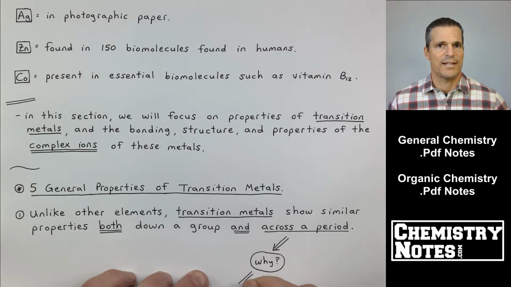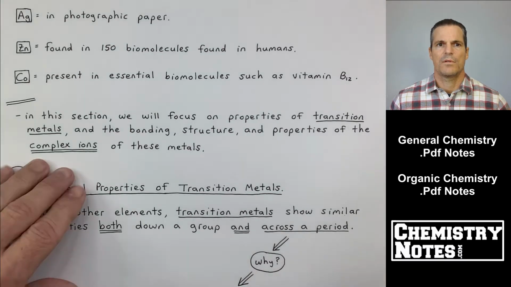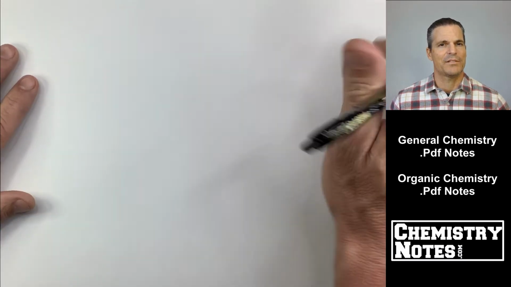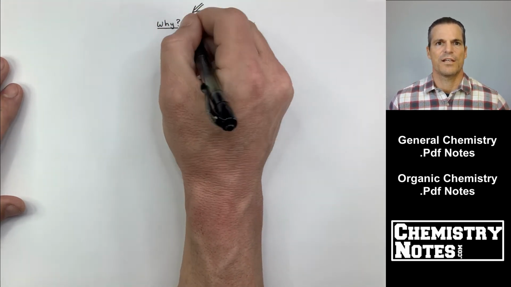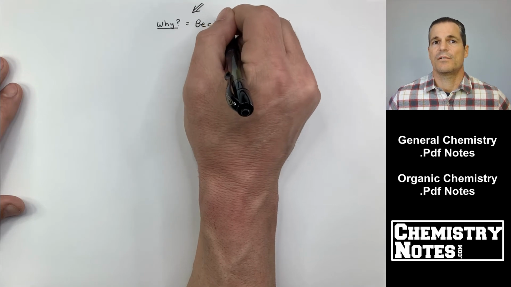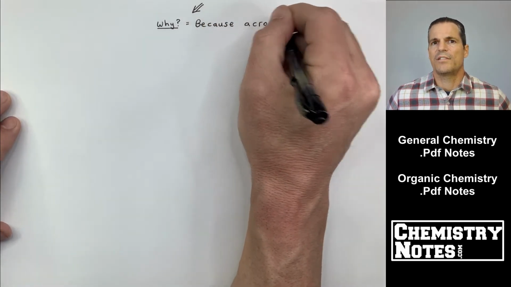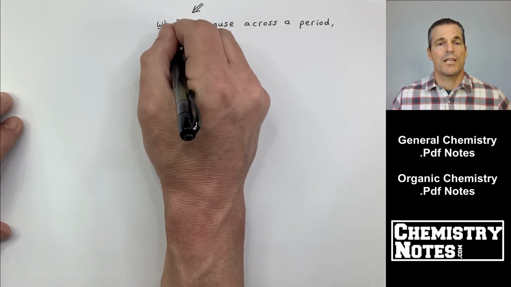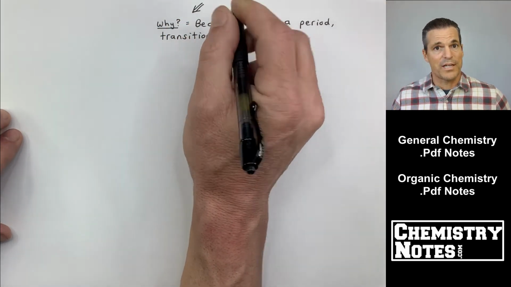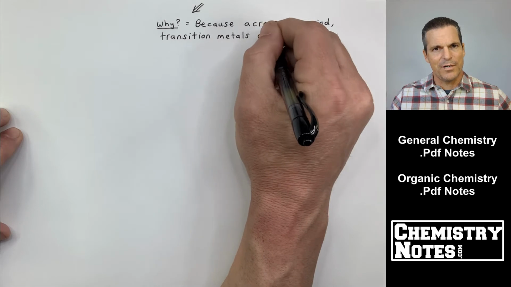Now, why is that specifically? Well, they are called the D block elements, right? So that might be some sort of trigger phrase to think of. But the answer, it says, why? So why do transition metals not only show similar characteristics, chemical and physical properties down a group like everybody, but also across a period?